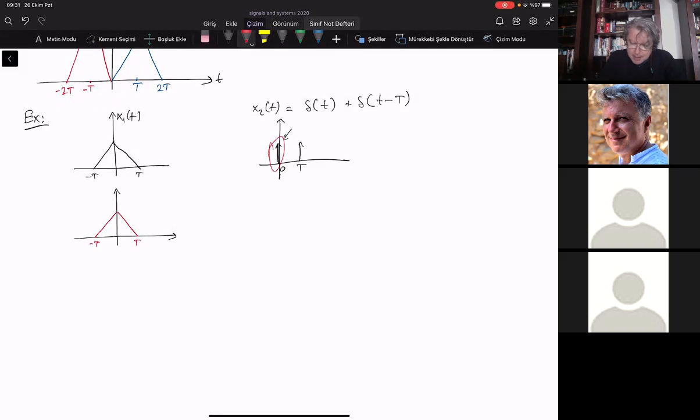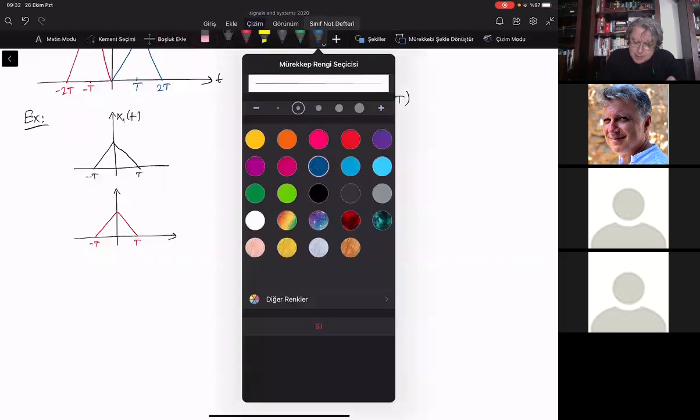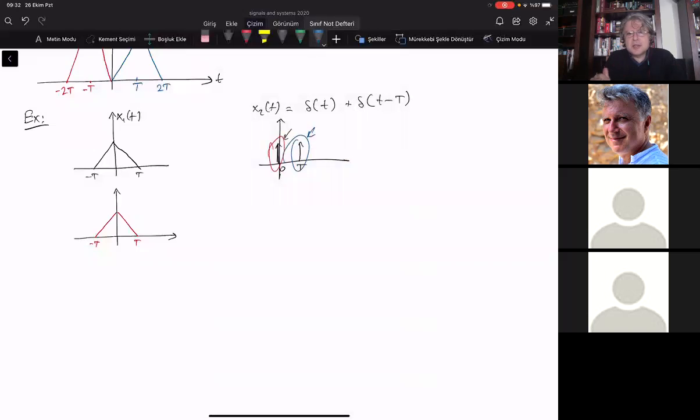It's the same. And then you convolve with the second impulse, whose magnitude is again 1, but this time it is shifted by an amount of capital T. So this capital T is the 0 point of the previous black triangle.